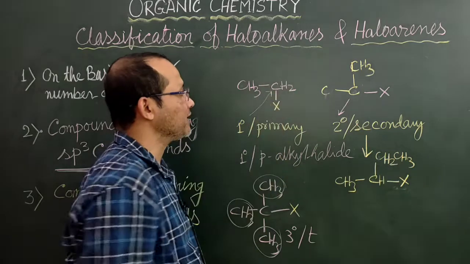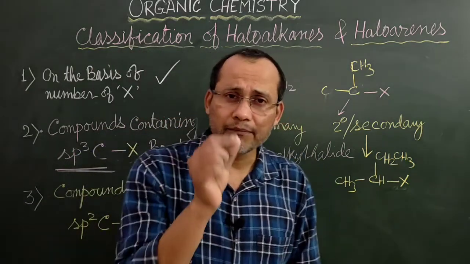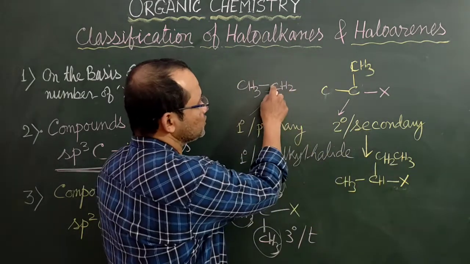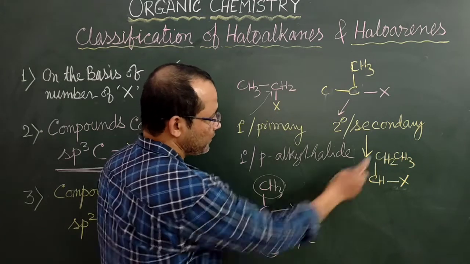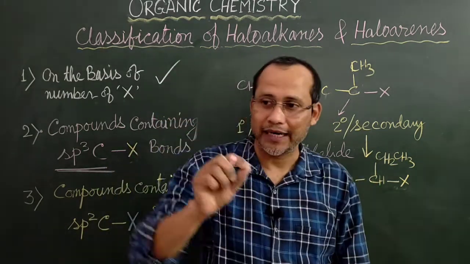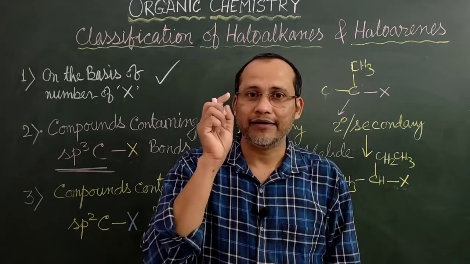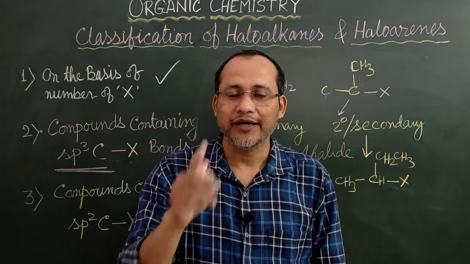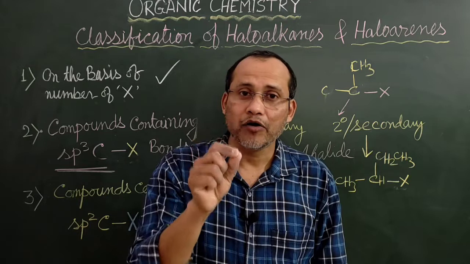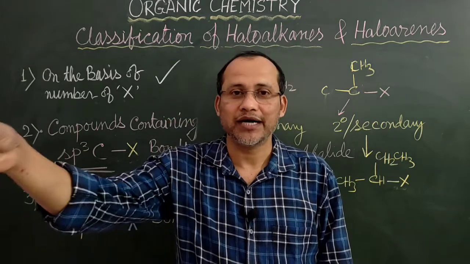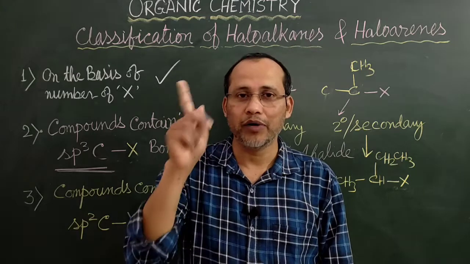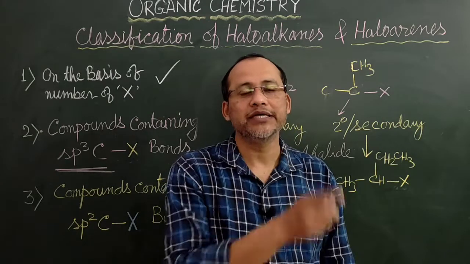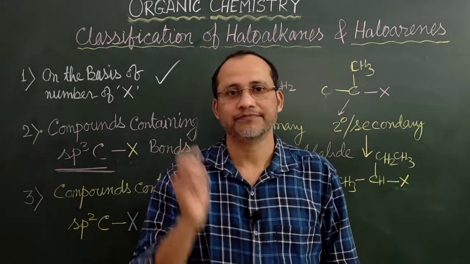So in this way we can classify any alkyl halide where the sp3 carbon atom, here this one, this one, this one, is directly linked to halogen, and this particular sp3 carbon atom may be of 3 categories depending on the number of carbon atoms attached to it directly, and it will be 1, 2 or 3, and the subsequent products will be 1 degree, 2 degree and 3 degree alkyl halides.